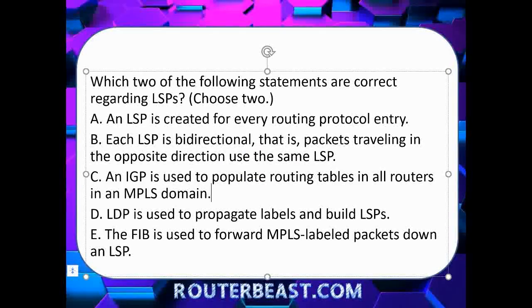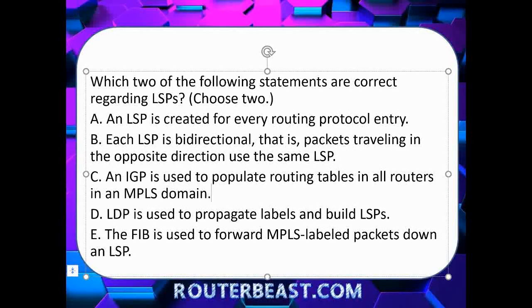The label exchange protocol in most common traditional cases is LDP. It used to be LDP or TDP, but LDP is the more dominant traditional protocol there. That LDP information is going to be contingent upon what is found in the RIB, the routing information base, or the routing table on the router. So C is a correct statement.